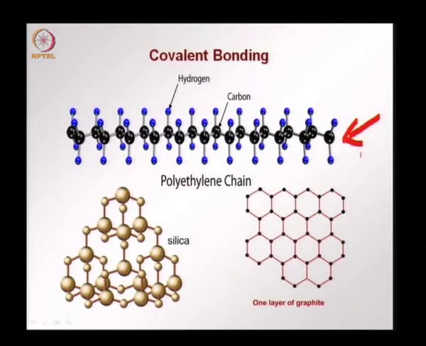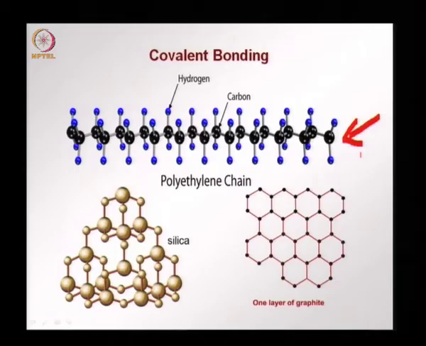Due to this, the polyethylene chain can deform, can change its configuration without changing the angle between the individual atoms. So, this can give rise to long chains which can bend and have a certain amount of flexibility.